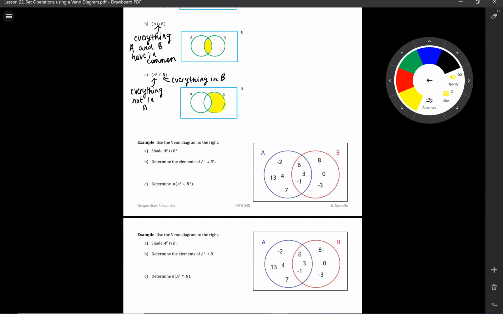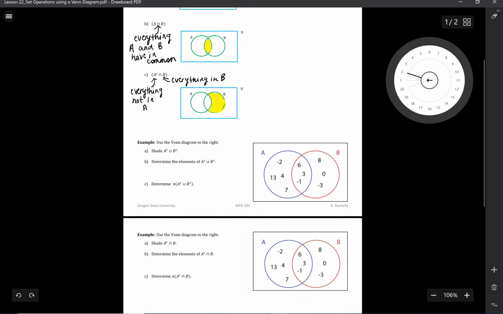In the next example, here we have some numbers going on. We have two sets A and B. And I first want to shade A complement union B complement. So this is everything that is either not in A or everything that is not in B. Let's write this down.